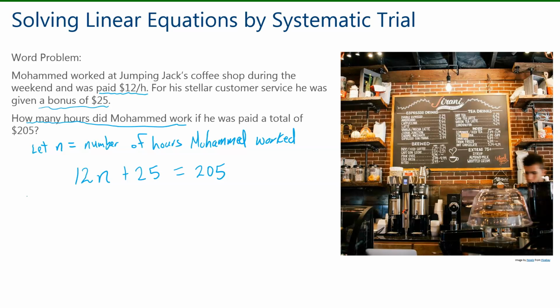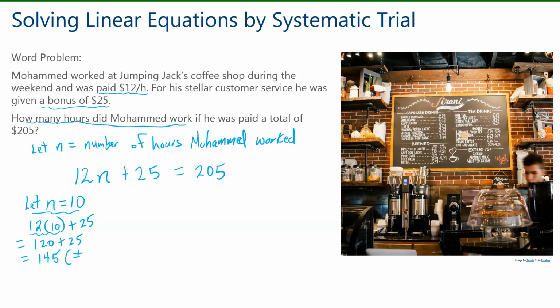What value will we try for n? Let's try n equals 10. Let's say he worked 10 hours. 12 times 10 plus 25, and we're going to see what that equals. If it equals 205, perfect, we're done. 12 times 10, 120. Add on the 25, and that gives us $145.